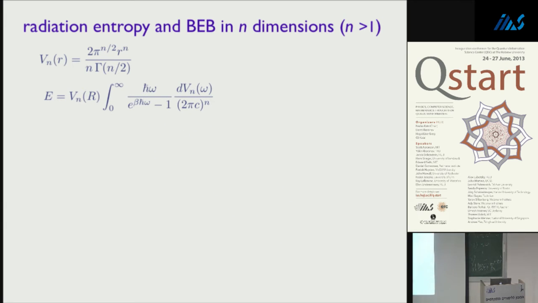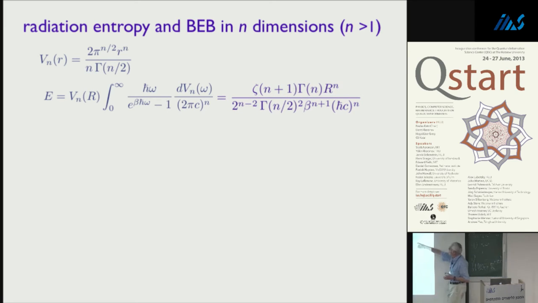It goes like the volume, of course, of the box, and then this is the mean energy per photon at temperature beta, which is 1 over T. This just counts the number of frequency states that you have, and then you integrate over all of them. That's a standard thing, and you can actually do this integral.